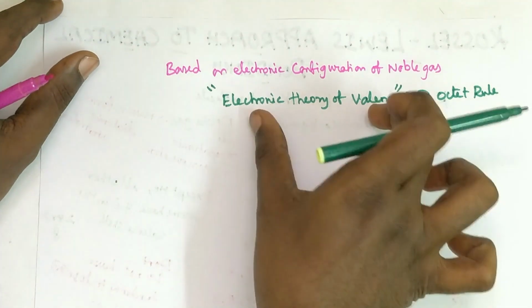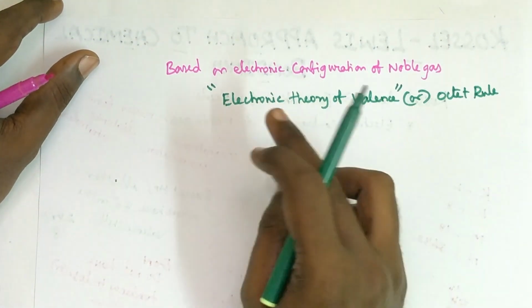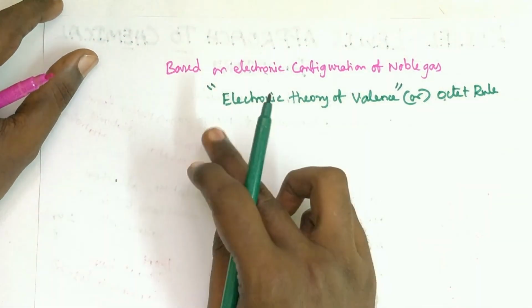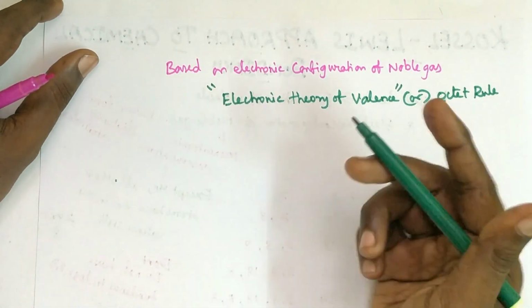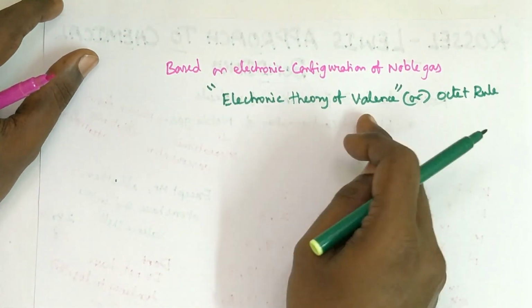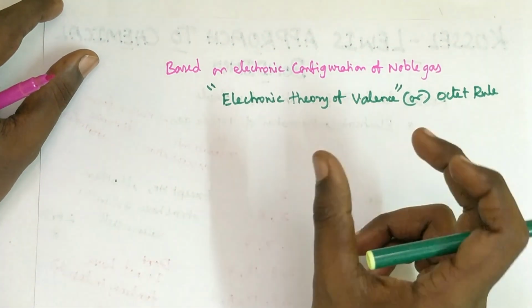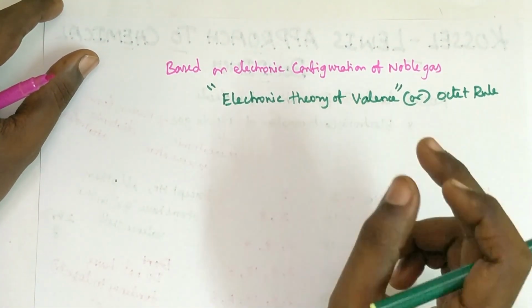In this theory, what he is telling is, except noble gas, all other atoms combine to form a molecule. Why do all other atoms combine to form a molecule? Because they have an incomplete valence shell.